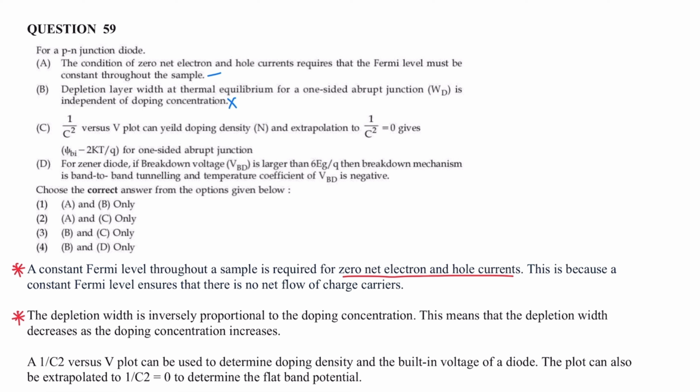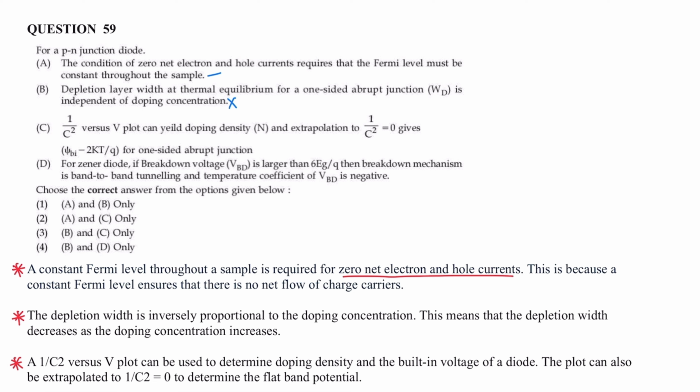Next, a 1/C² versus V plot can yield doping density N, and extrapolation to 1/C² equal to 0 gives the built-in potential for a one-sided abrupt junction. So statement C is correct.